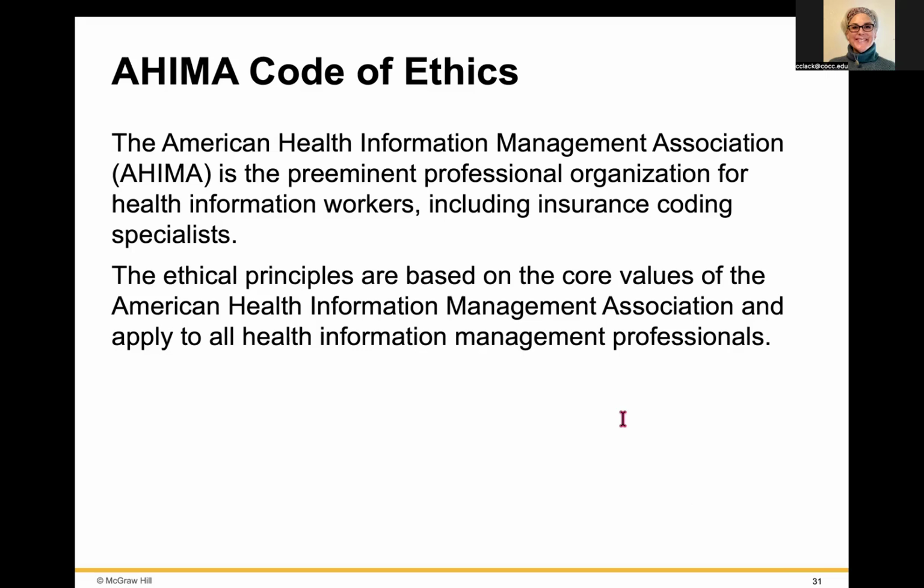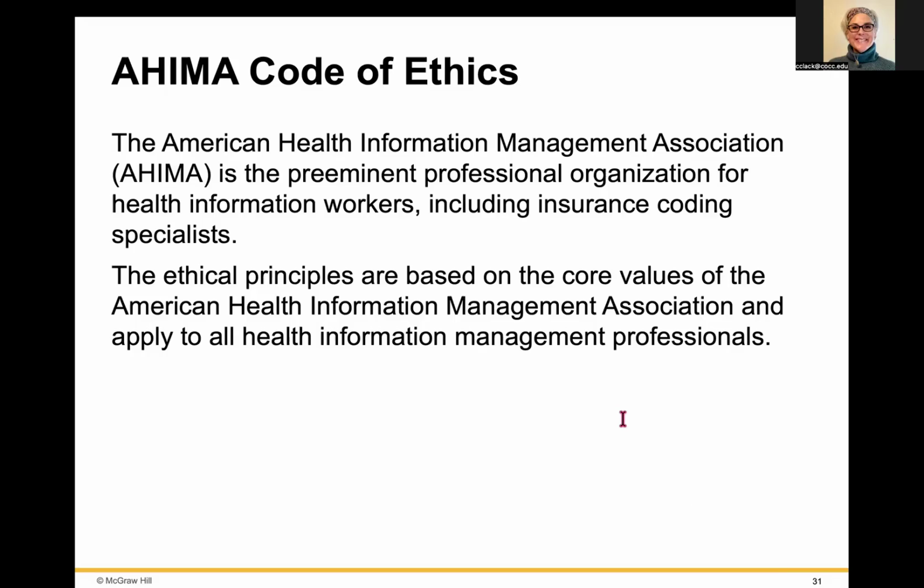AHIMA is a leading professional organization for health information professionals and includes coding specialists. Their code of ethics lays out the core expectations for how we handle health information: accuracy, integrity, confidentiality, and professionalism.